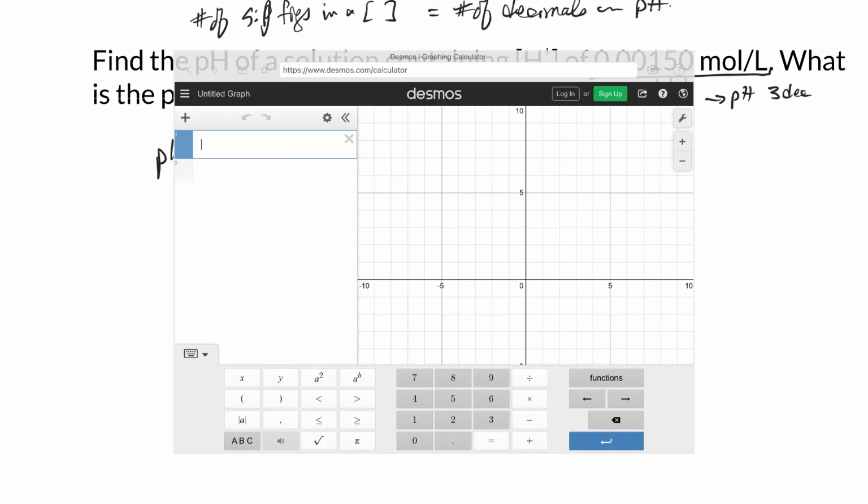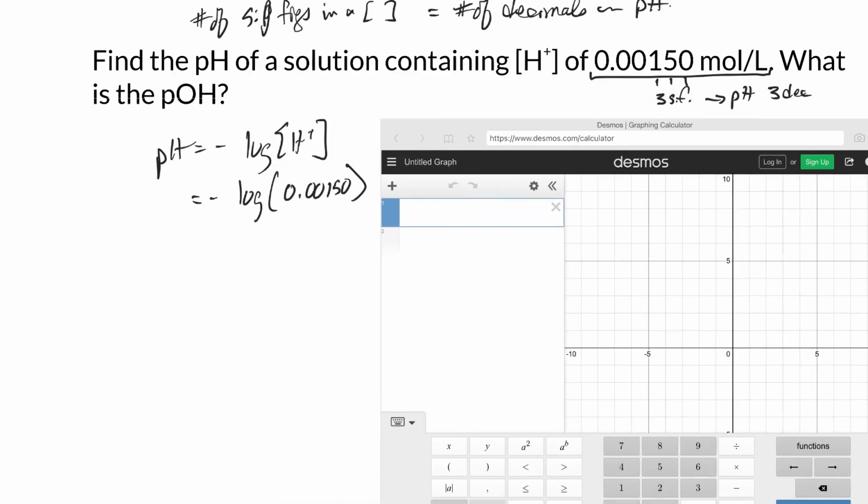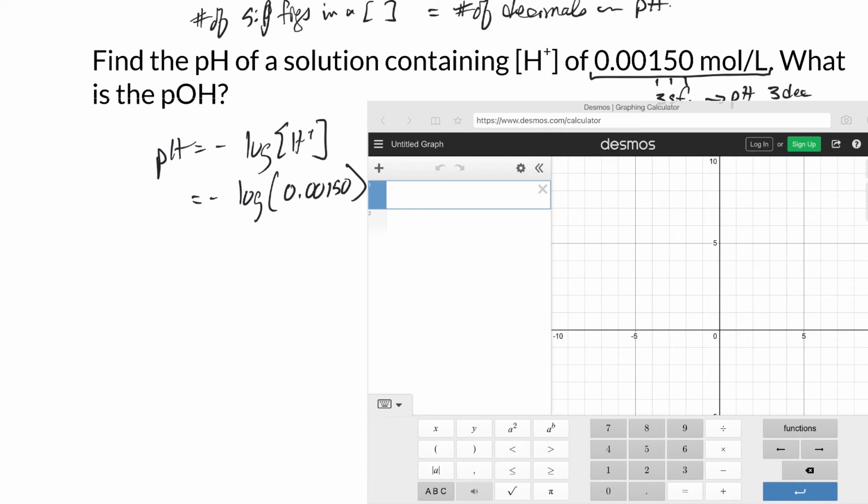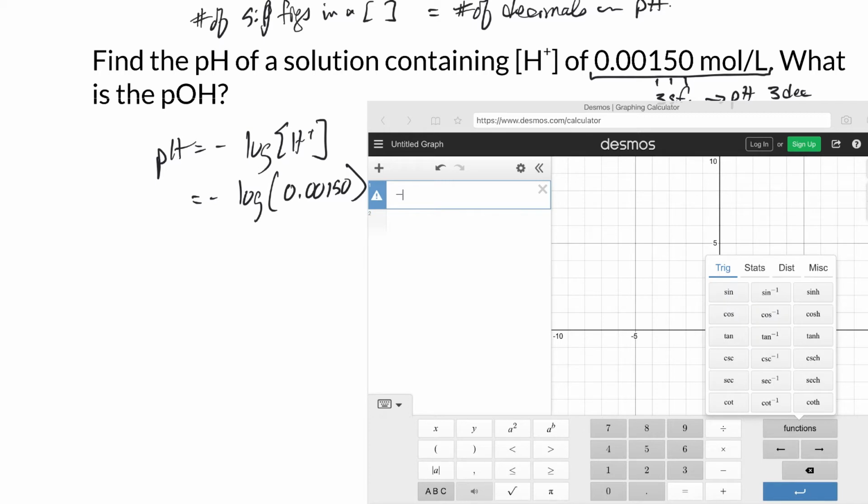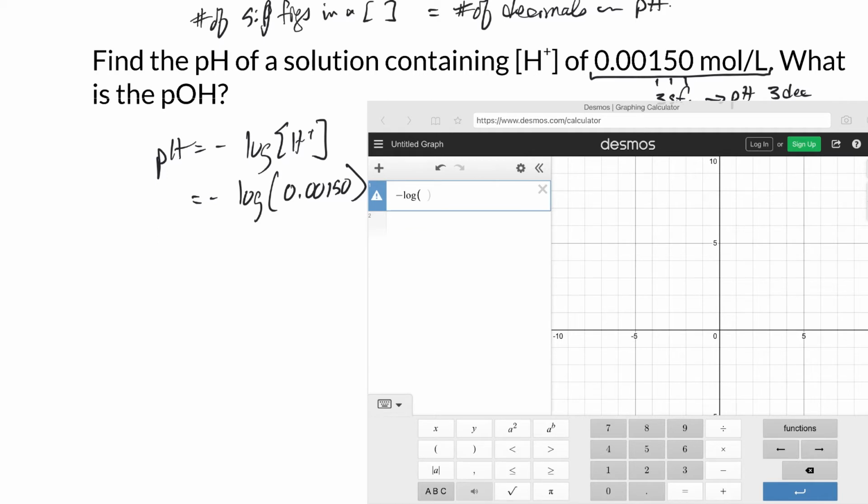There, that's better. Okay, so I need to go negative log functions. Where's my log function? Log, and it's assumed base 10, so that's good. 0.00150.